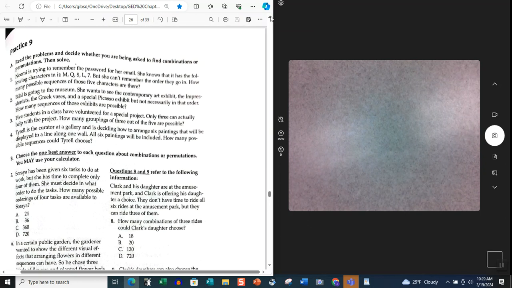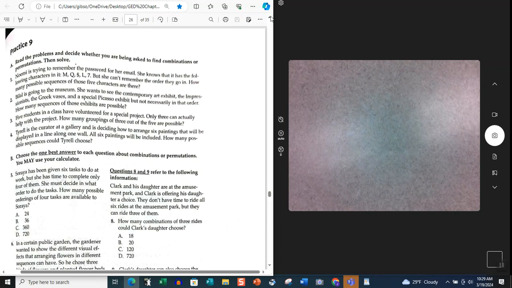Now, we come here, it says read the problem and decide whether you are being asked to find combinations or permutations, then solve. Okay, number 1. Naomi is trying to remember the password for her email. She knows that it has the following characters in it, $L7, but she can't remember the order they go in.